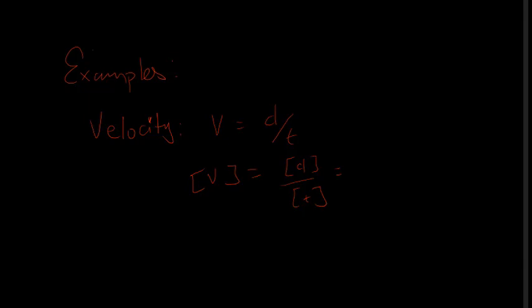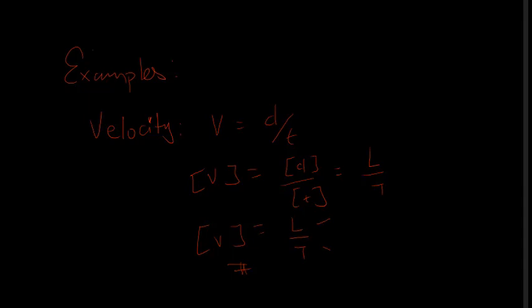And we know that the dimensions of distance are just capital letter L, and dimensions of time are capital letter T. Therefore, the dimensions of velocity will just be given by L over T. So this is how you express the dimensions of velocity. Velocity is a derived quantity that is derived from length and time.